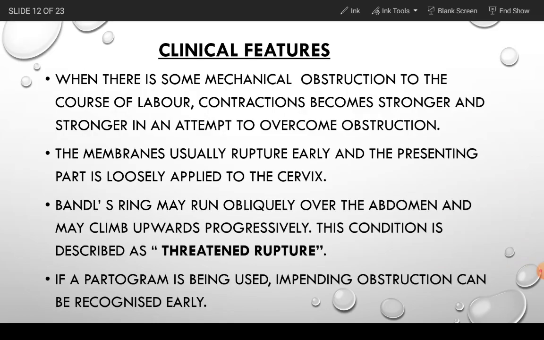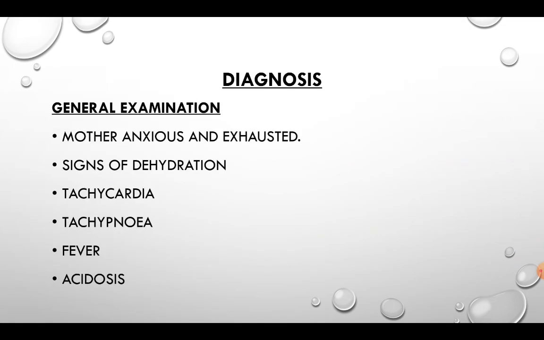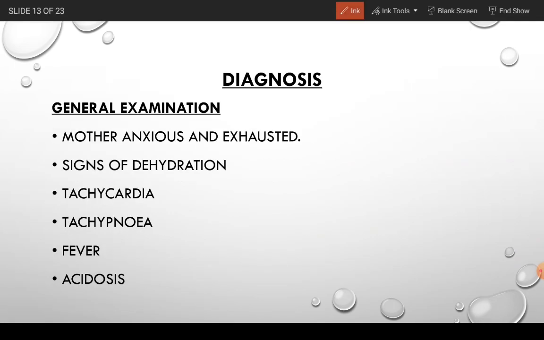Now let us see what are the clinical features. So in case of an obstruction, contraction will be more strong to overcome the obstruction so that membrane can rupture, or a Bandel's ring will be there. So how can you understand that?